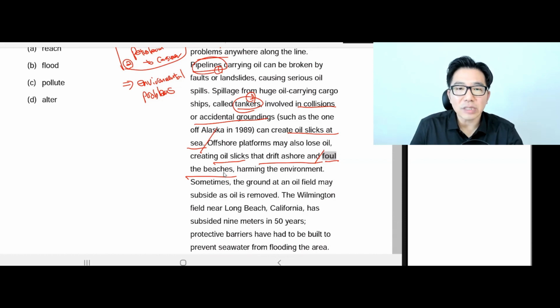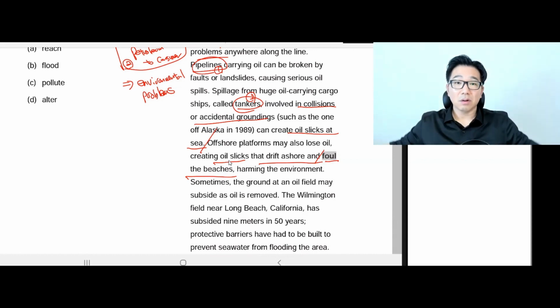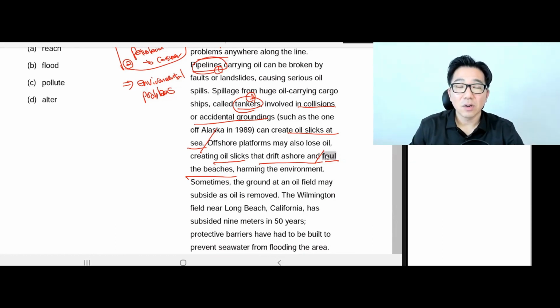It's going to damage the beach, right? All these oils everywhere. Okay, so foul here would mean pollute or environmentally damage, right? Harming the environment. So that's the third example. Offshore platform, leaking oil. Sounds horrible.